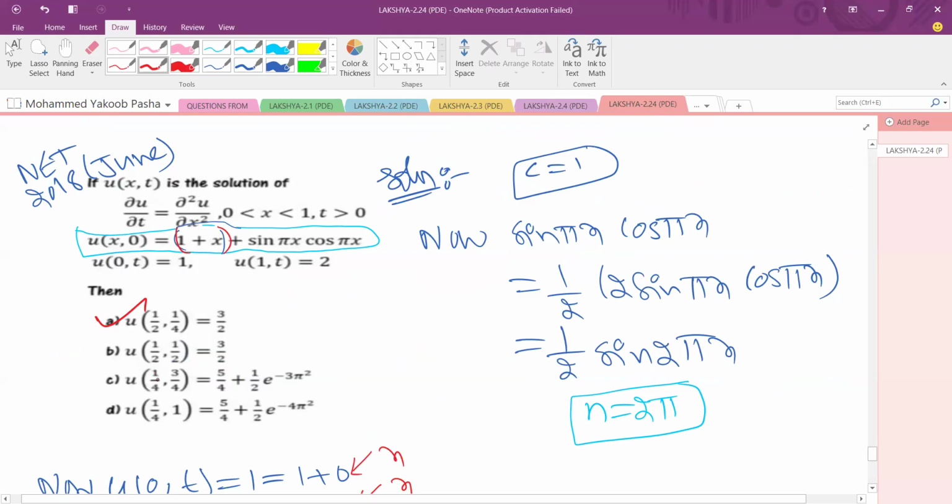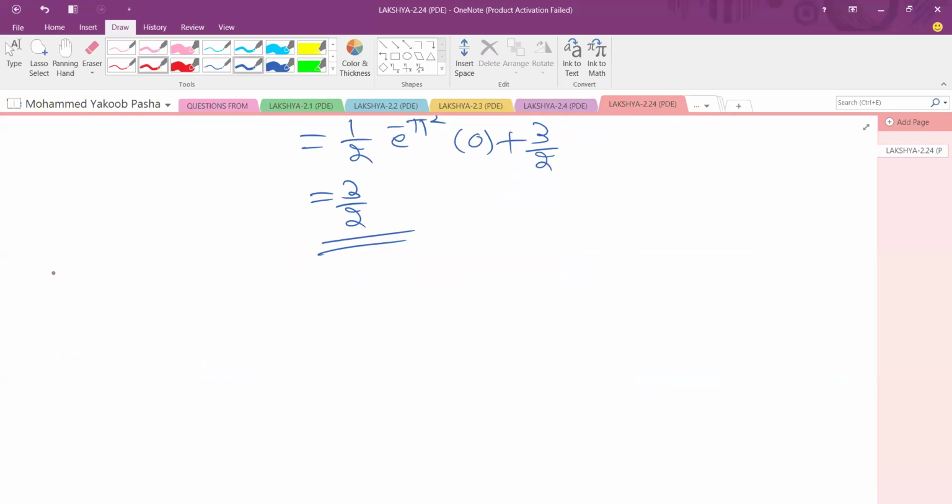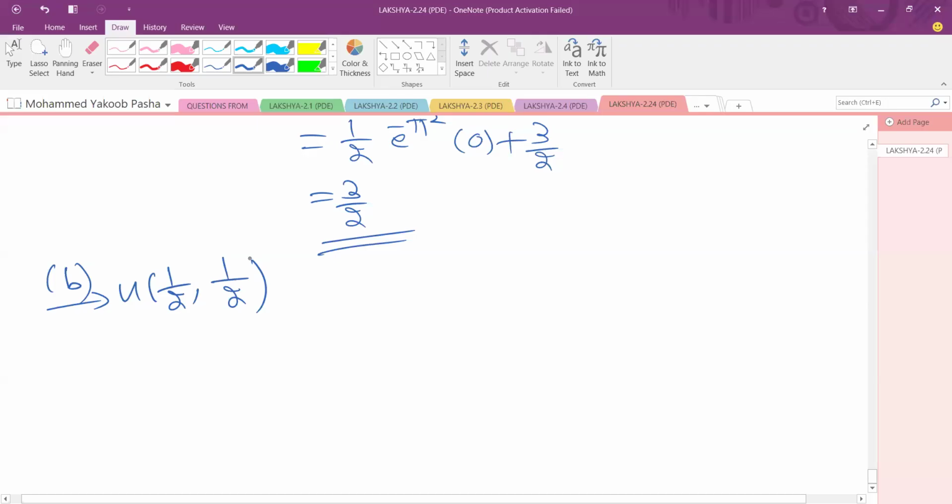Next, option B, u of 1/2 comma 1/2 is equal to 3/2. Is it correct or not? We can check. I am taking option B, that is the value of u of 1/2 comma 1/2. That is equal to 1/2 into e to the power of, I am directly writing 4 pi square t, which gives 2 pi square, into sin 2 pi x, x is 1/2, so sin pi, plus x is 1/2 plus 1, sorry, 1 plus 1/2, that is 3/2.